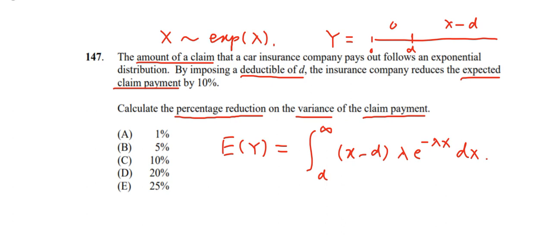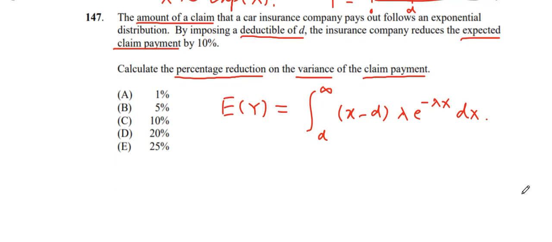Let's use some substitution: let x minus d equal t. So this integration becomes 0 to infinity, t times lambda e^(-lambda x), where x becomes t plus d, so dx just becomes dt.